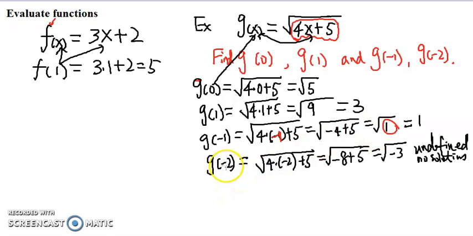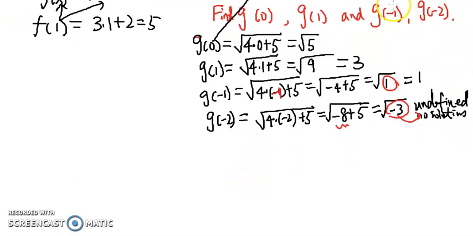But when I plug in -2, -8 is too small. -8 plus 5 gives a negative value. That's why this one is undefined. So it's not that you cannot pick any negative numbers. Some negative numbers, when you plug them in, may still give you a positive value after you multiply by 4 and add 5. Okay, so this is the first example. We can do another one.